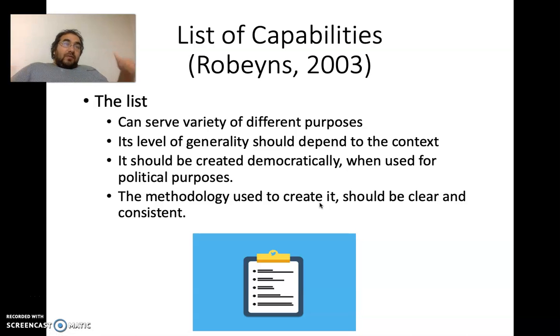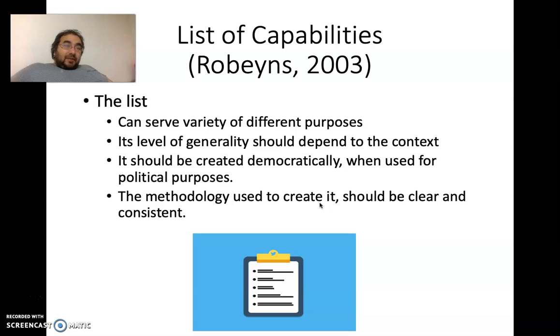So how we create the list, why we take certain things as needs to the list and certain needs not to the list, why we choose certain variables, if we choose variables that actually measure the capability to meet that need. All of those things should be clear.